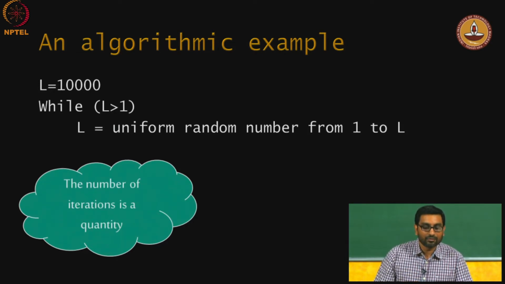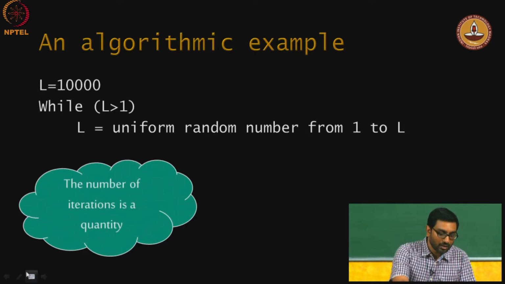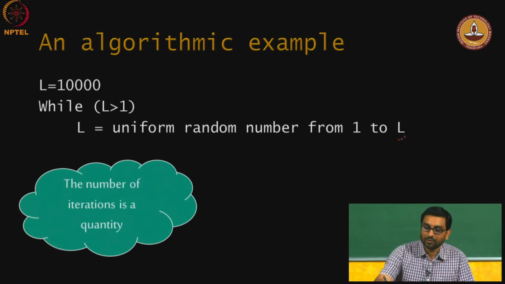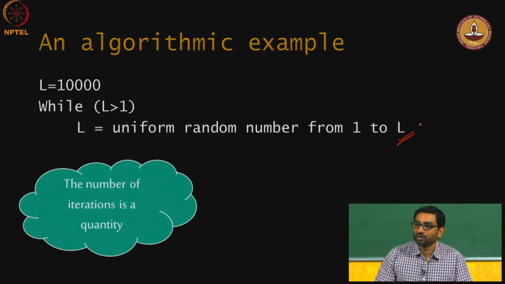Because if each time you choose a random number between say 1 and L, if you keep on choosing L, you are not going to reduce the value of L. So, if you think about just possibilities, yes, it is quite possible that you will be at L for as long as you can think of, and so essentially this number of iterations is not finite, but it will be countably infinite. Okay.